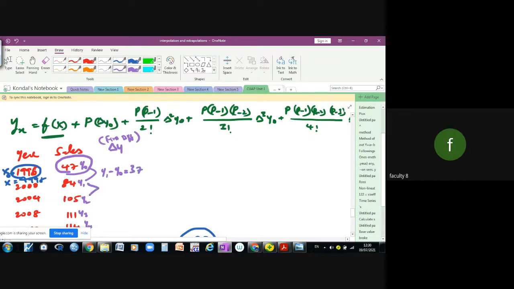Then y2 minus y1, how much? 21. Then y3 minus y2, 111 minus 105, 6, and then y4 minus y3. How much will we get? Only 3, right? Have you understood this one? How you can calculate the first difference?